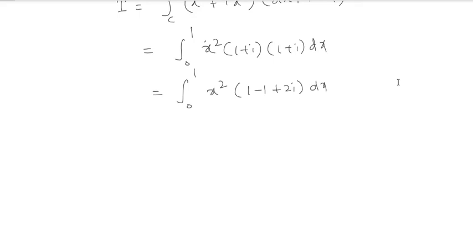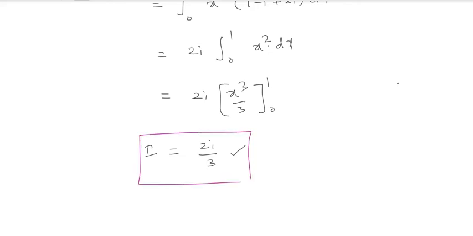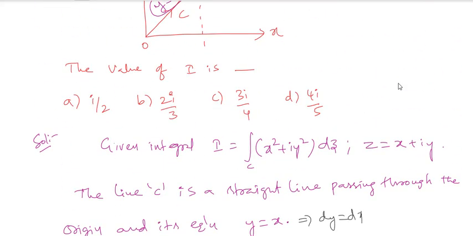So again, taking that 2i outside, integral 0 to 1 of x square dx, so 2i into x cubed by 3 from 0 to 1. If I substitute, you will have 2i by 3 as the right answer. So the value of integral I is 2i divided by 3. Clear with my point? So option B is the right answer.